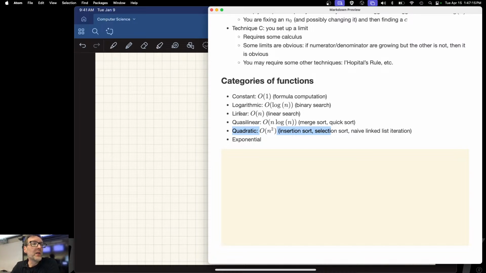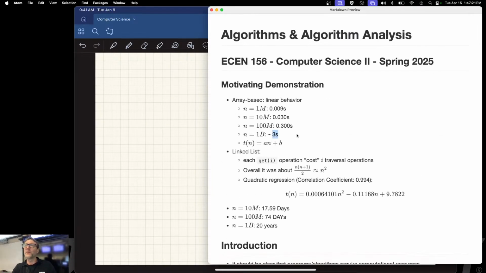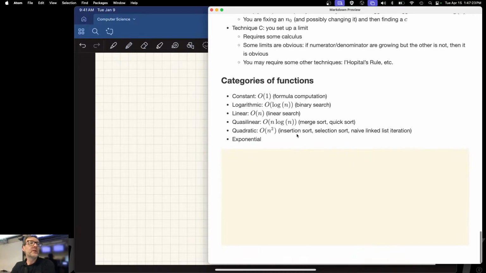Linear, well, that's a mere 3 seconds instead of 20 years. But some things are going to require searching and sorting, and this is the best that you can do. N log n. We call it quasi-linear. Quasi means almost, so it's almost linear. It would be linear if it weren't for this annoying little log factor.